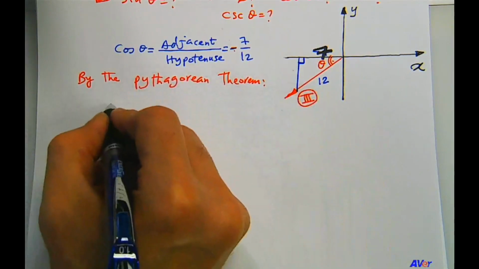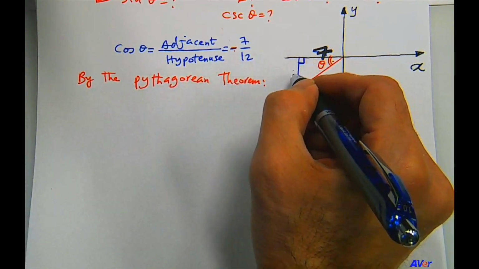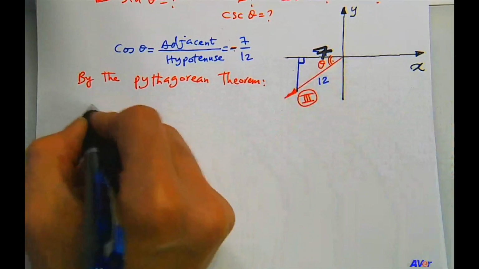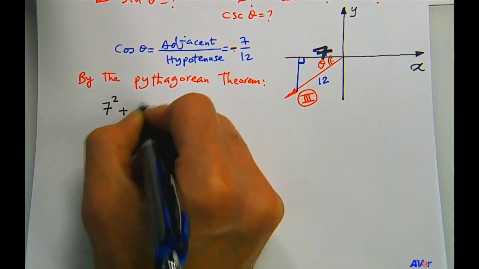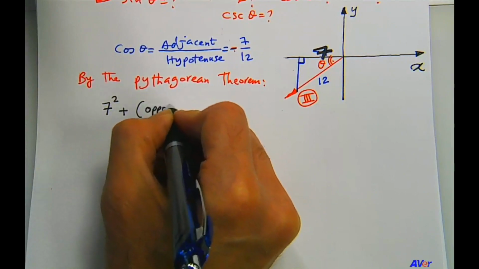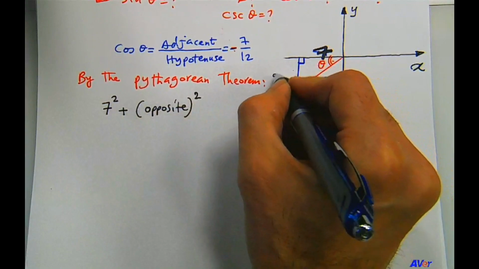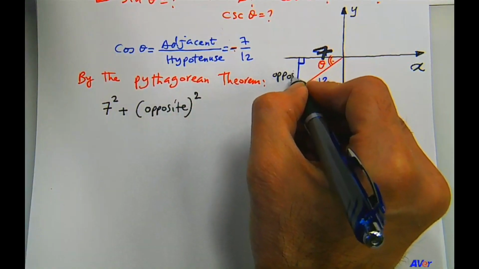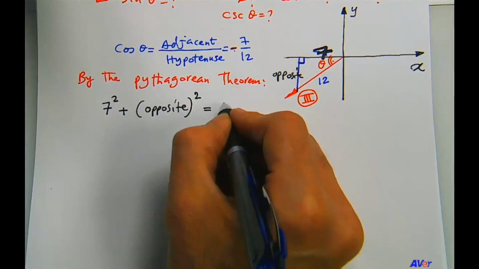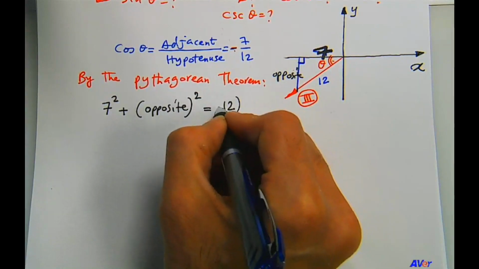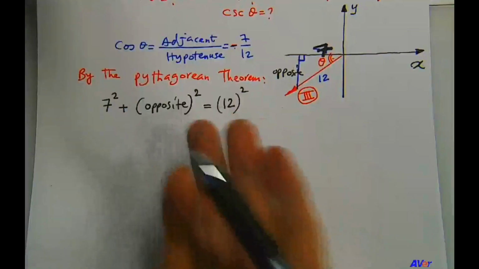I'll call it opposite. So we have 7 squared plus the length of the opposite side squared will be equal to what value? Do you remember the Pythagorean theorem? 12 squared.